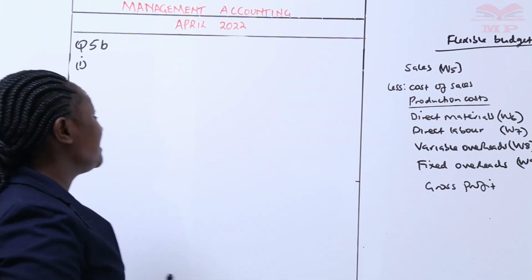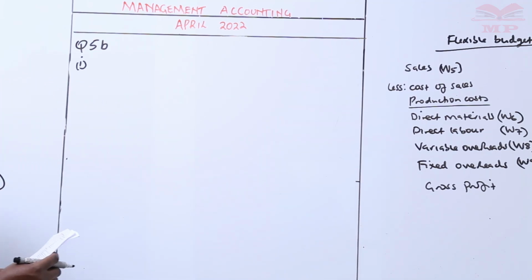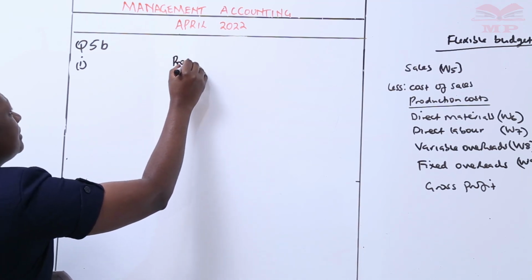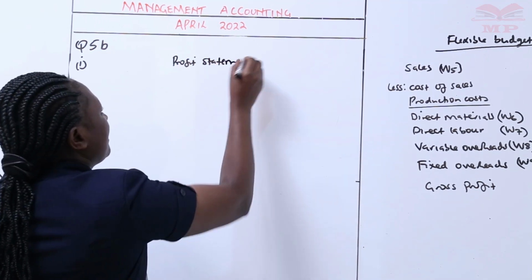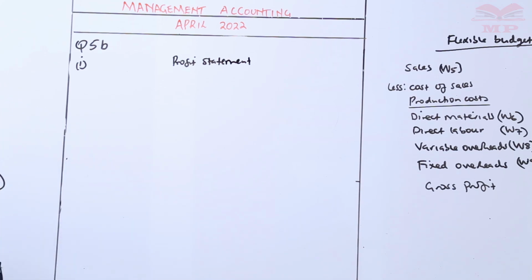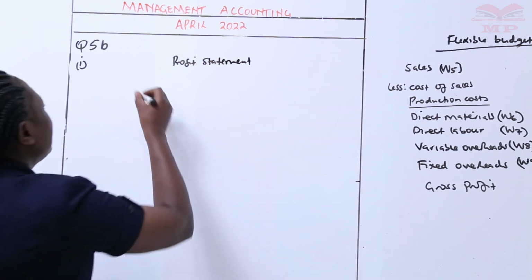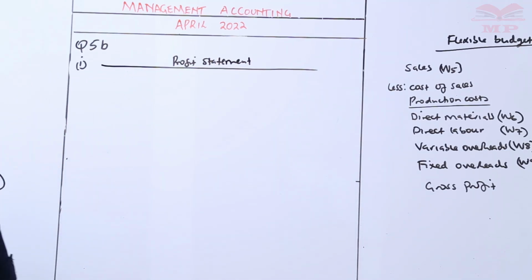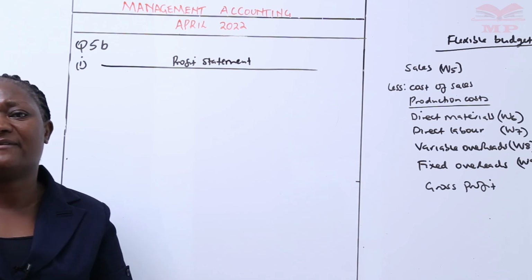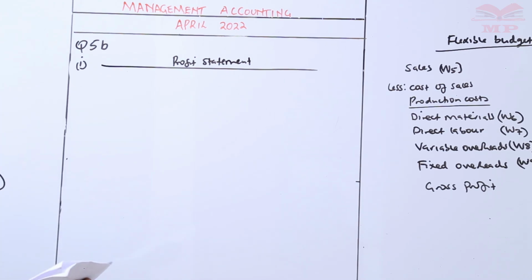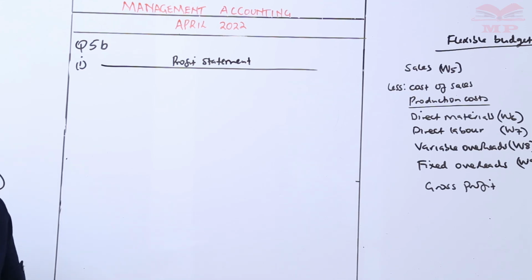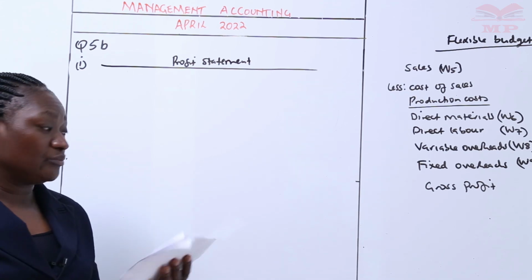And so to make this decision, we need to prepare the profit statement. And when we are preparing the profit statement, we will exclude the fixed costs. Why? We say that they remain constant. Whether that customer comes in or not, the firm will still incur those costs, so we will exclude them. And our intention will simply be to get the contribution.